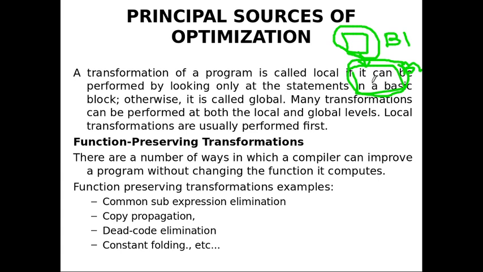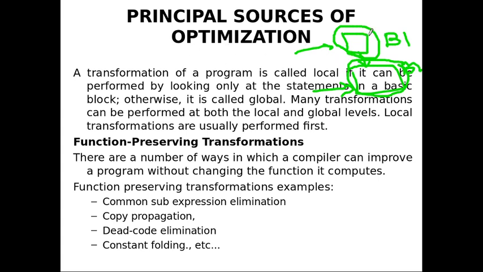You got my point? Don't get confused. When you have two blocks, block 1 and block 2, first you must apply local optimization on block 1, local optimization on block 2, then only think with block 1 and block 2, or block 2 and block 1. This is the general method we apply under the principal sources of optimization.